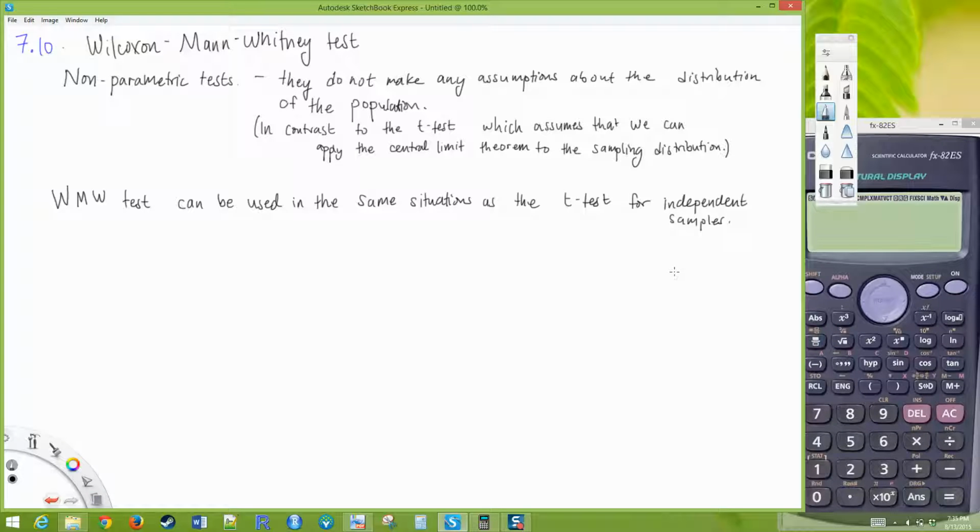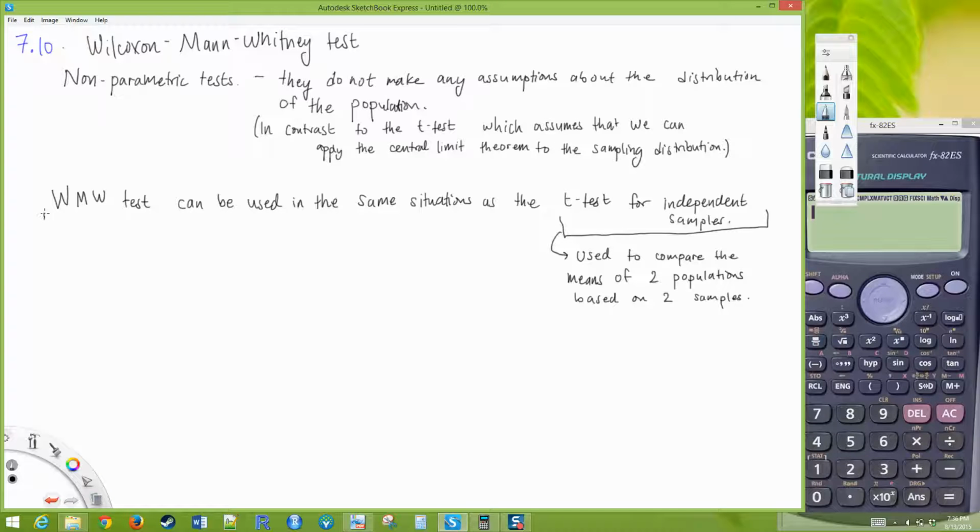Okay, and so keep in mind the t-test for independent samples. When do we use it? We use it to compare the means of two populations based on two samples.